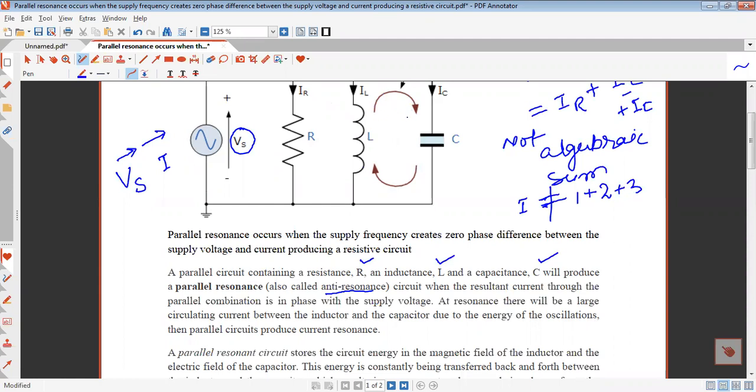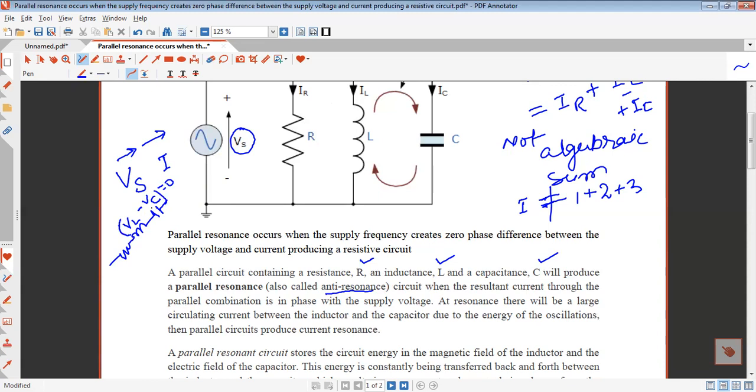As we have seen in our previous classes, also in one numerical I showed during resonance in the series circuit, the voltage at the capacitor and the voltage at the inductor were the same but in opposite phase. The difference was zero, which we have already seen, and its link is also provided here. So you can go and check it.